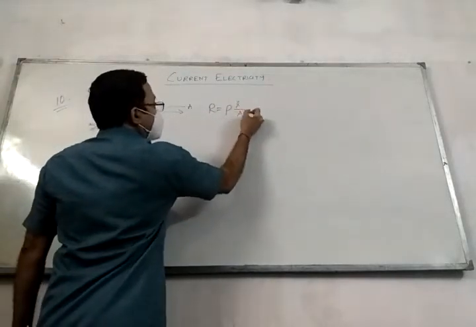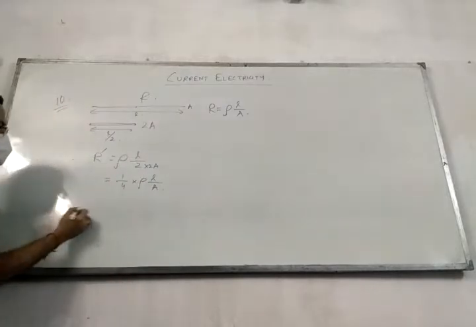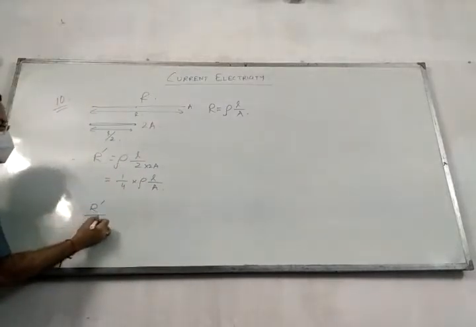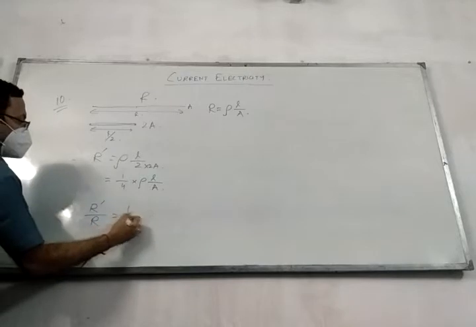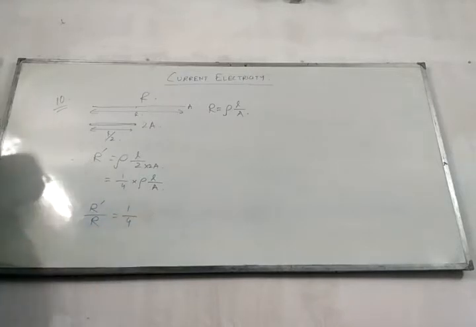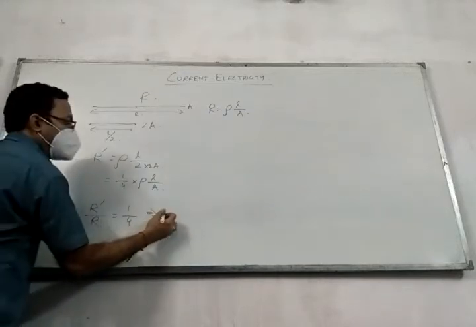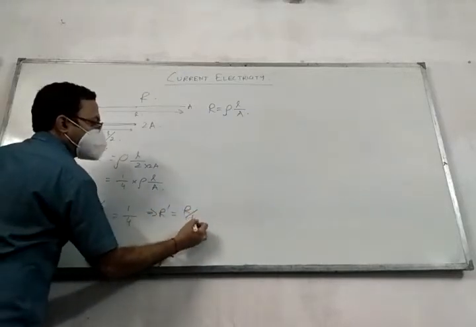Rho L by A. So you can say R dash by R is equal to 1 by 4.